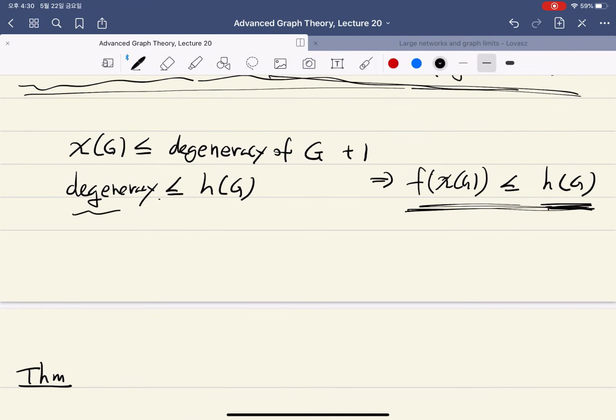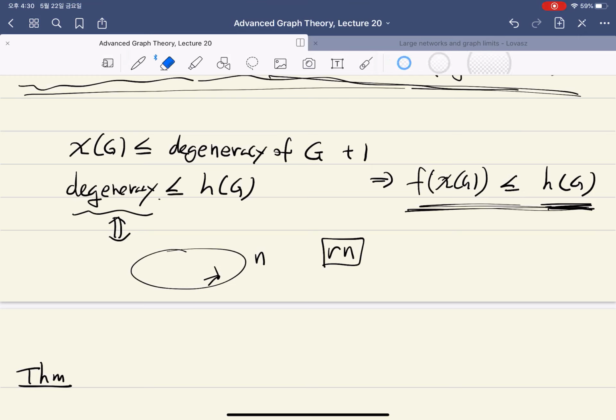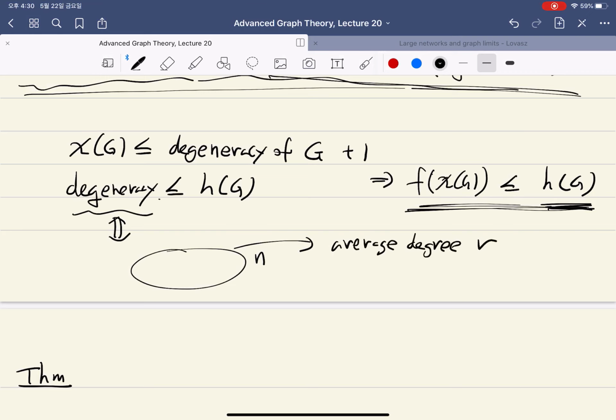Again, this degeneracy can be expressed in terms of the number of edges in a given graph. When we have n vertices and the number of edges is rn, then there must be a vertex with degree r. Let's say it has average degree r, and every subgraph of it has average degree r, then it has degeneracy at most r.